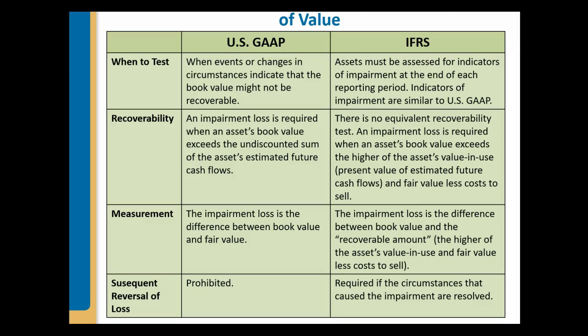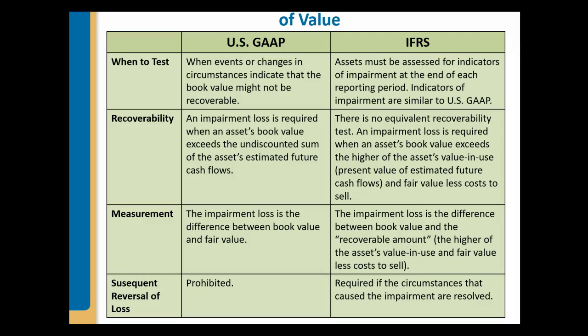Indicators of impairment are similar to U.S. GAAP. Under U.S. GAAP, an impairment loss is required when an asset's book value exceeds the undiscounted sum of the asset's estimated future cash flows.